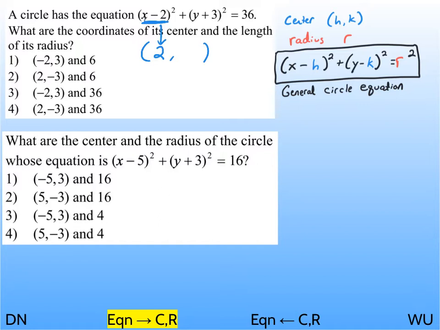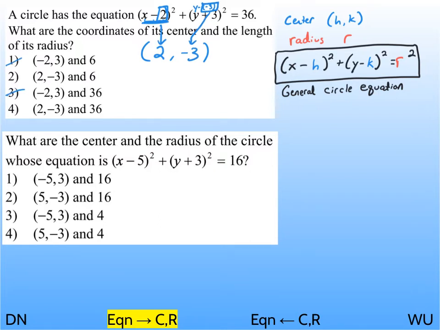Because if you think x minus and then this number is just a 2. Now here, if it says y plus 3, you could also rewrite that as y minus negative 3. And that's why the y coordinate is negative 3. So the center is 2, negative 3, which means goodbye choice 3, goodbye choice 1.